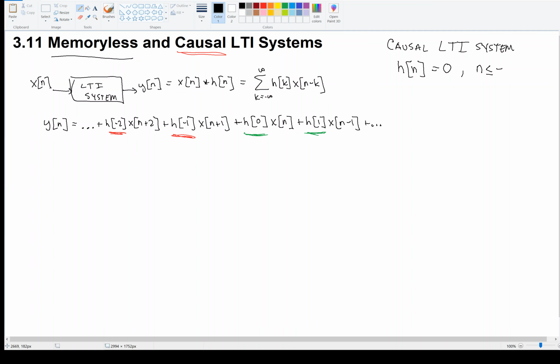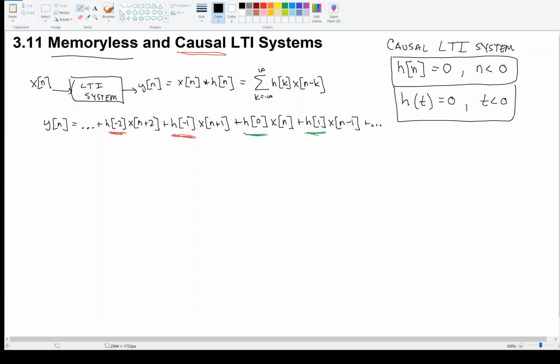Or said another way, when n is less than 0, right? So that's the condition for discrete time, for an LTI system to be causal. And for continuous time, it's similar. h of t must be 0 for t less than 0.